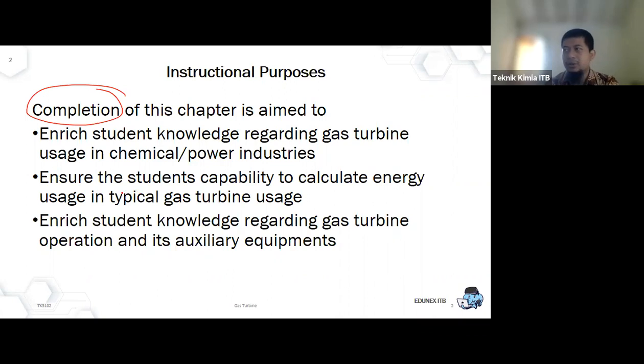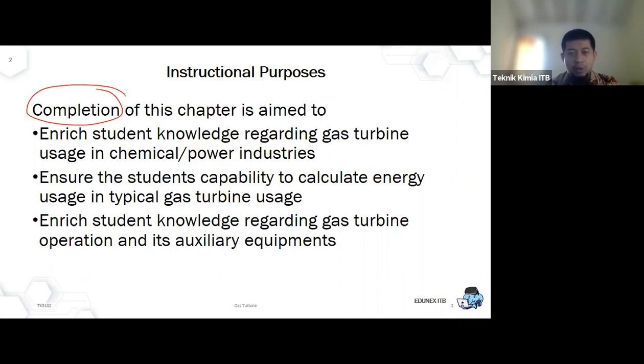But it's not the best. For any equipment in a chemical plant, there is no best equipment for all types of chemical plant. There are no silver bullets for every issue in our chemical industry. It's better for special cases.